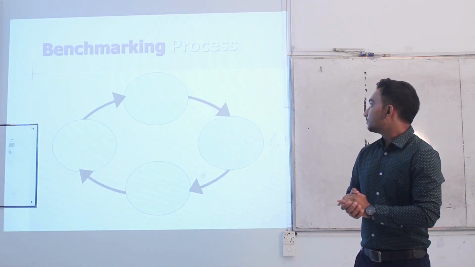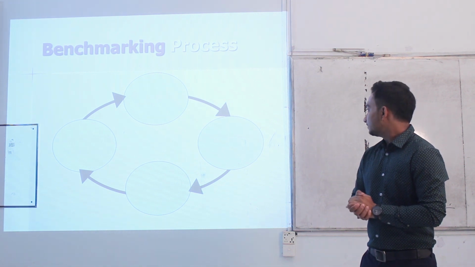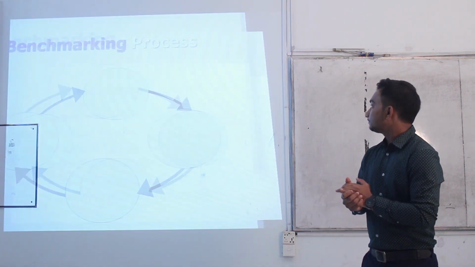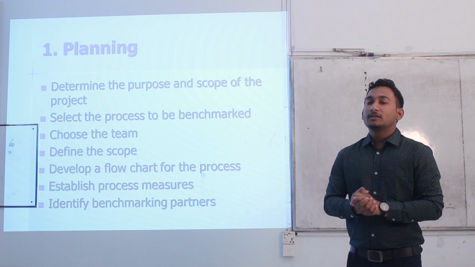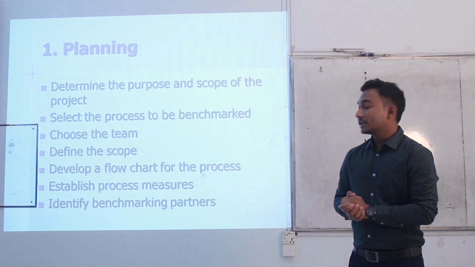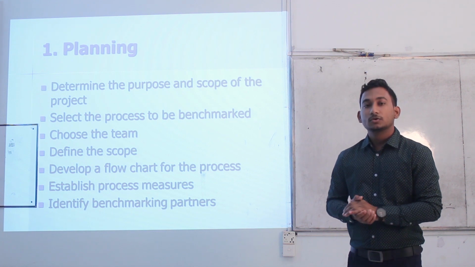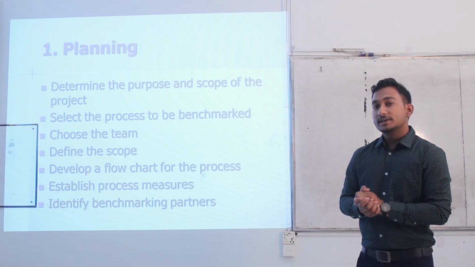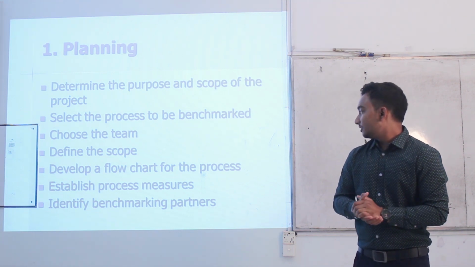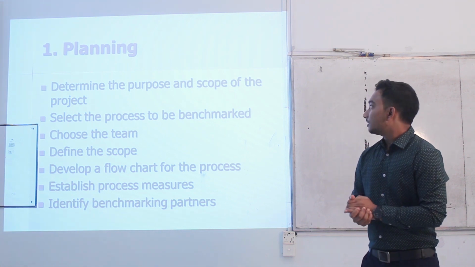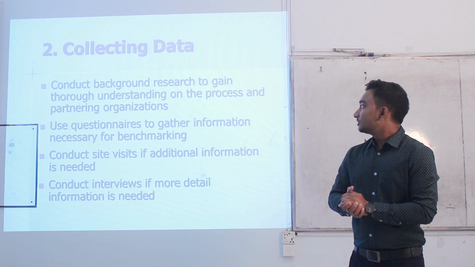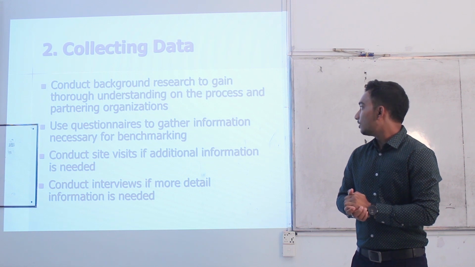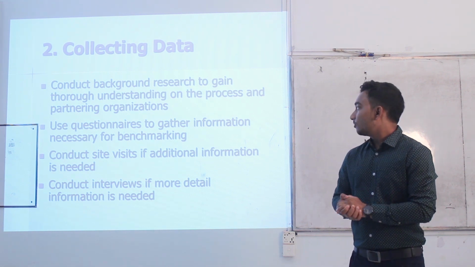Now, as we can see, the benchmarking process starts with planning, collecting data, analyzing, and improving practices. Planning includes determining the purpose and scope of the project, selecting the process to benchmark, choosing the team, defining the scope, developing a flowchart for the process, establishing process measures, and identifying benchmarking partners. Next, collection of data. Collection of data is conducted through background research to gain a thorough understanding of the process and partnering organization.